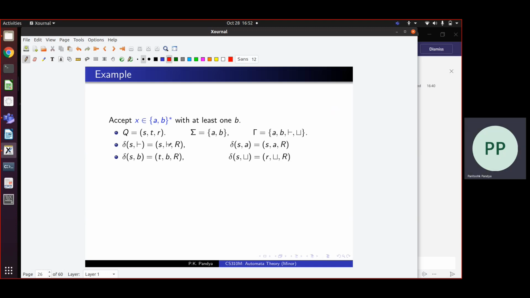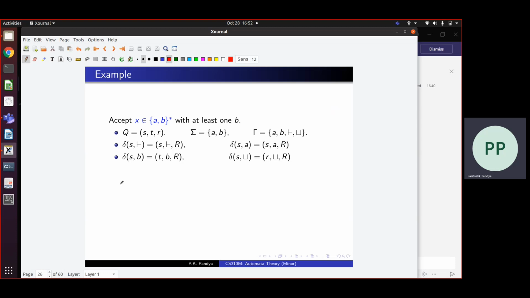So you do not change the symbol and you move one step to the right. So on seeing a left hand marker, you just move one step to the right without changing the tape. Similarly, if you are in state S and you see A, you move one step to the right without changing the tape. So, you skip all the left hand markers and the A's when you are in state S.